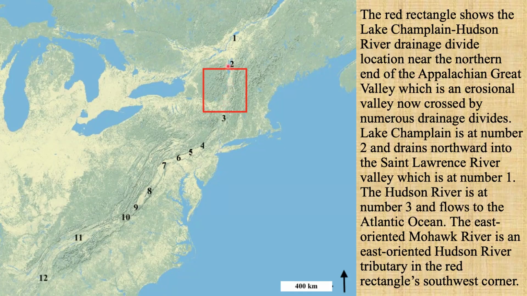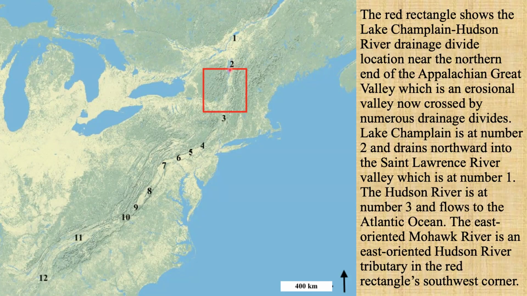Lake Champlain is at the number 2. Now, the Great Valley extends north from Lake Champlain into the St. Lawrence River Valley. And Lake Champlain, which has a surface elevation of about 30 meters, drains in a north direction into the St. Lawrence River.